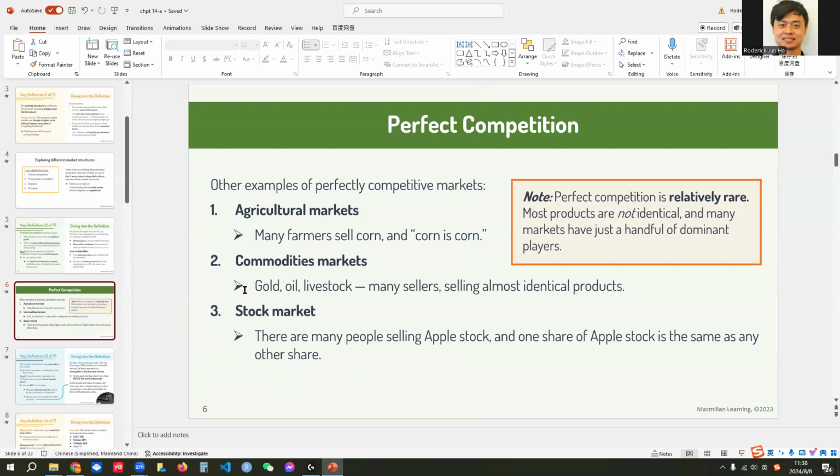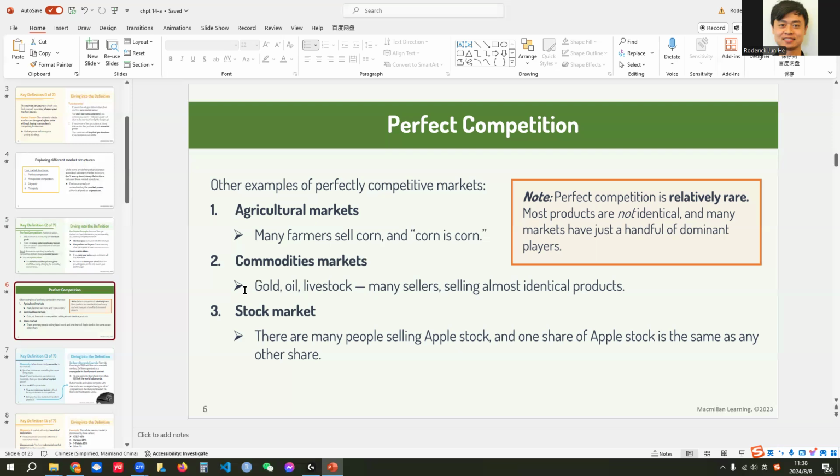So you don't really look at the origin of those products. It's just what it is. Commodity markets, gold, oil, livestock. There are many sellers selling almost identical products.